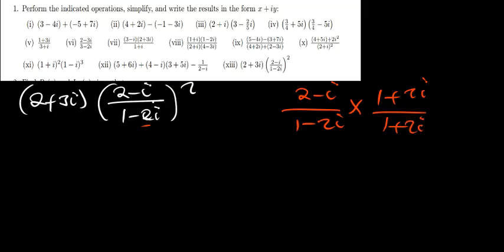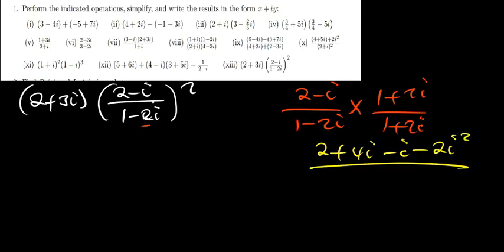So I'll have 2 times 2 is 4. 2 times 2i is plus 4i. Negative i times 1 is negative i. Negative i times 2i will be minus 2i squared. I divide this by, like the way we've been doing it, 1 squared minus 2i squared. So you square the one having negative always.